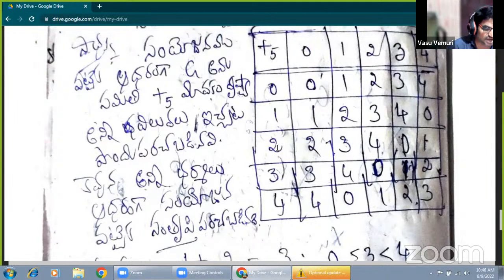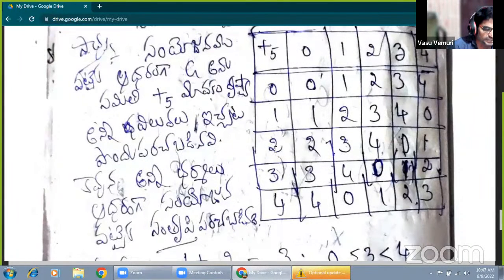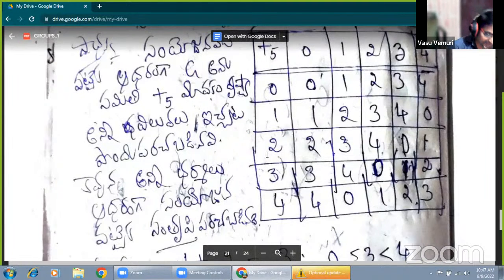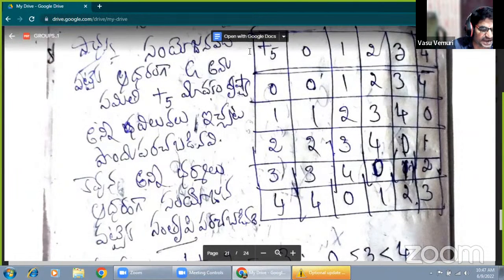Now the order of 2. How many times are we taking 2? 2 plus 2 is 4, and 5 does not divide 4. 2 plus 2 plus 2 is 6, and 6 is not divisible by 5. 4 times 2 is 8, also not divisible by 5. Then taking 2 five times, 2 plus 2 plus 2 plus 2 plus 2 gives 10, and 10 divided by 5 leaves remainder 0.